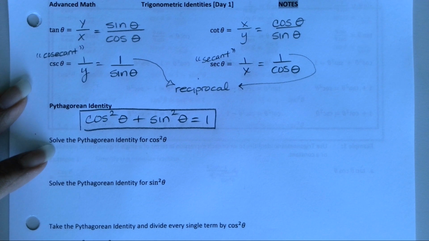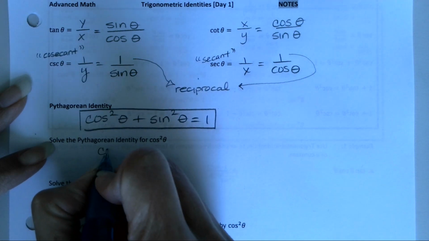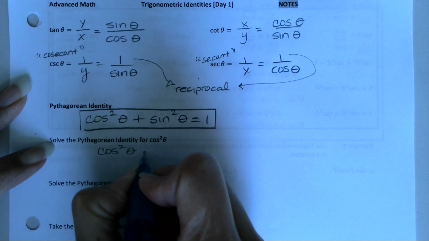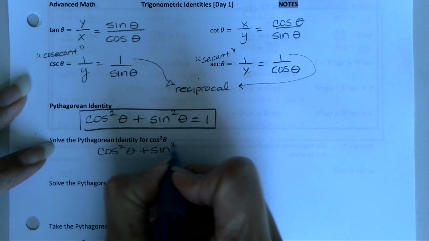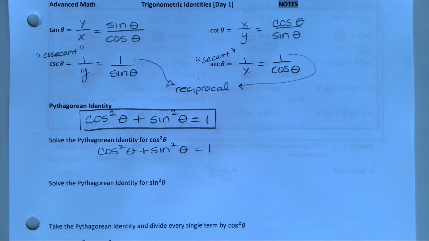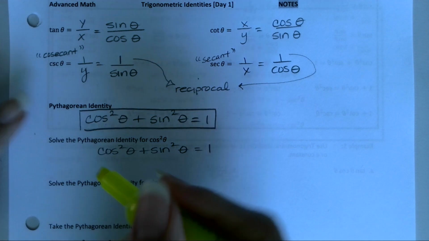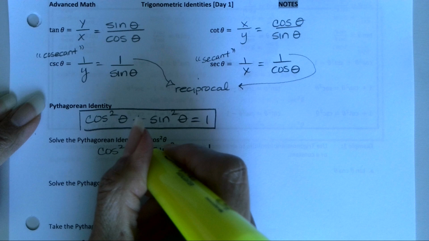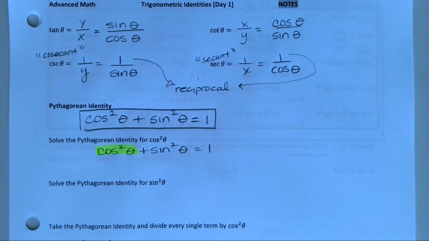They want us to solve the Pythagorean identity above for cosine squared theta. So I have my Pythagorean identity, and when you are solving for a particular term, what they're asking you to do is to isolate that particular term. So in this case, this highlighted cosine squared is what they're trying to get on one side of the equal sign all by itself.